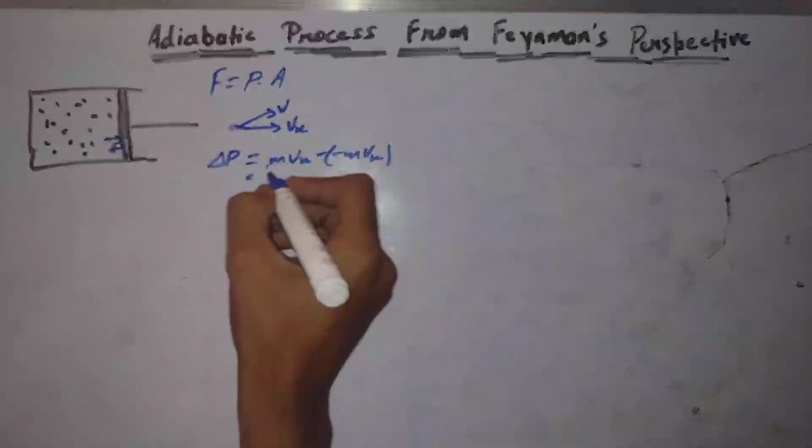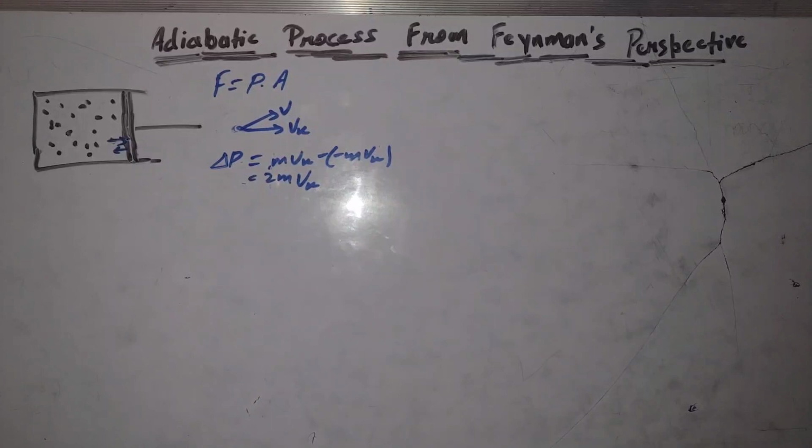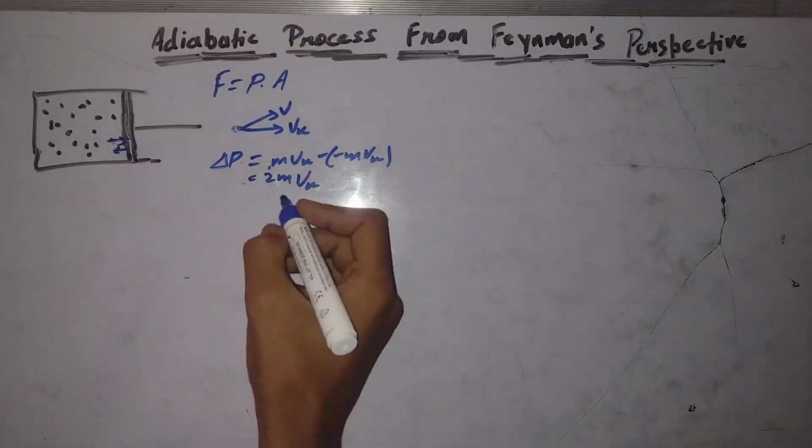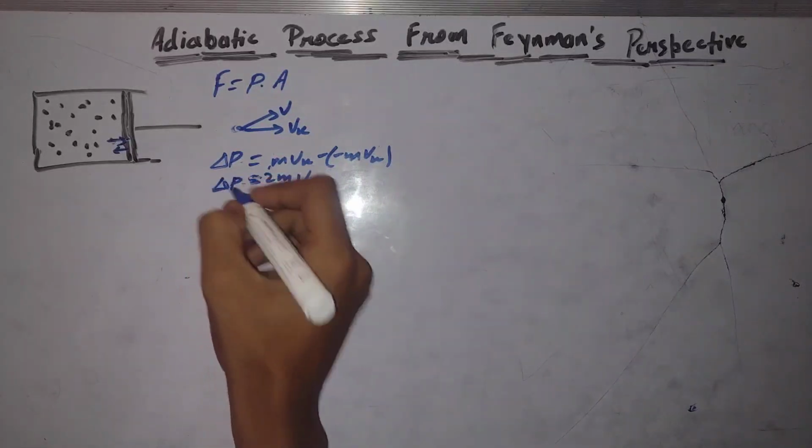And this is 2mvx. I'm calling this vx the velocity with which molecules are moving. That's the momentum change by one particle.